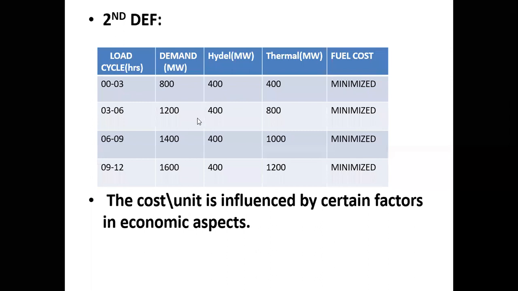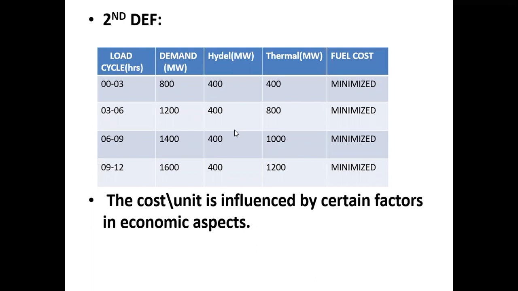Similarly, in the second case, always we can get 400 megawatts from the hydel and the remaining 800 megawatts is produced by the thermal power plant. Similarly, you can understand the third one, and the fourth one also. Because in the hydel we have only 4 units, we are operating our hydel power plant at maximum, that is 4 into 100, that means 400 megawatts.